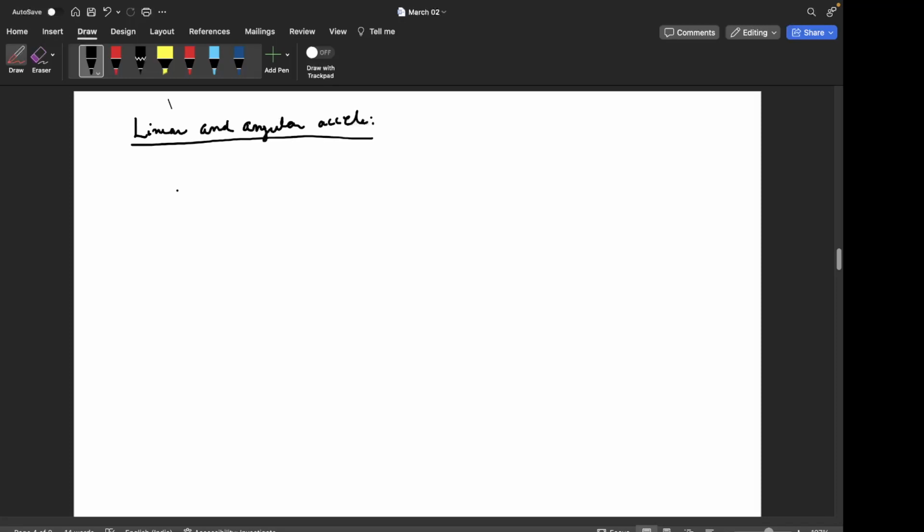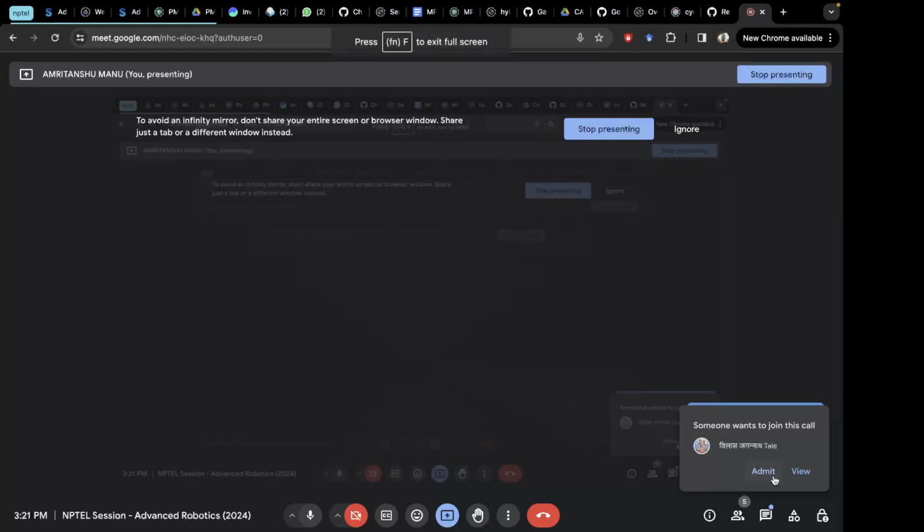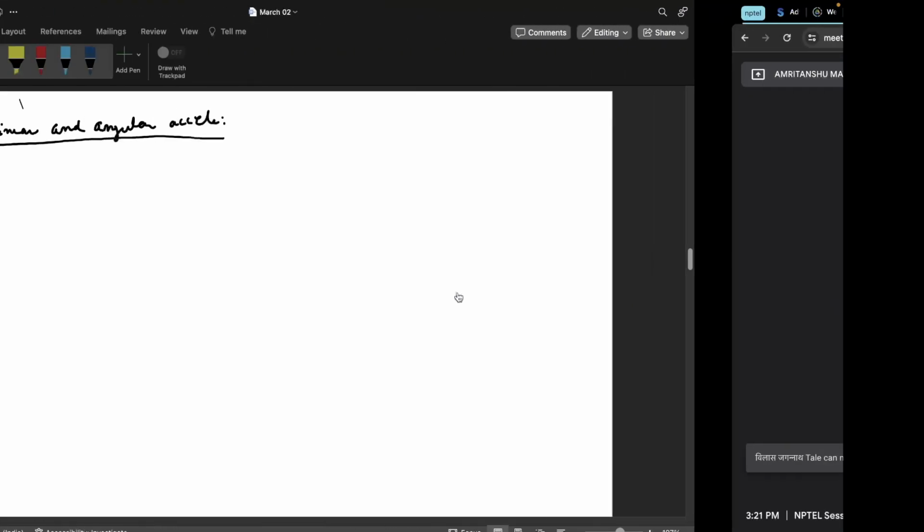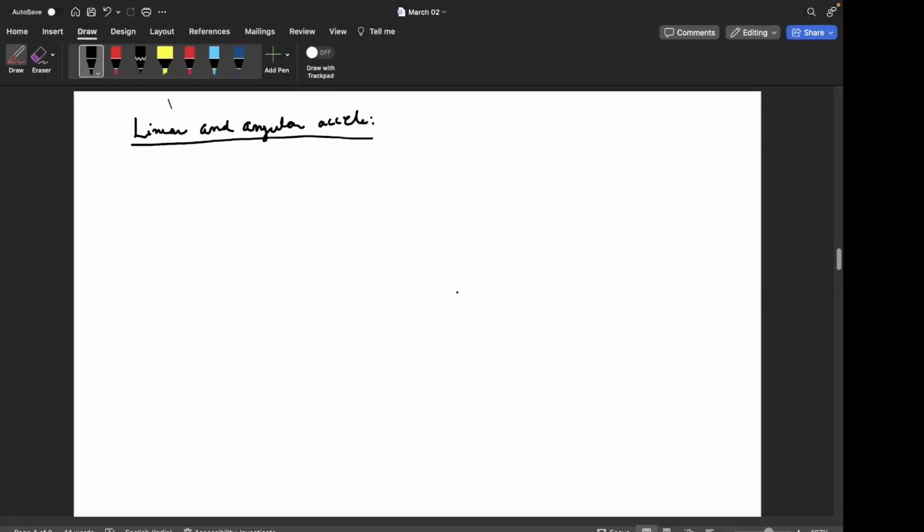When we talk about acceleration, just let me know, when do we say that something has a non-zero acceleration? When either the velocity's magnitude is changing or the direction is changing, or both of them, right?